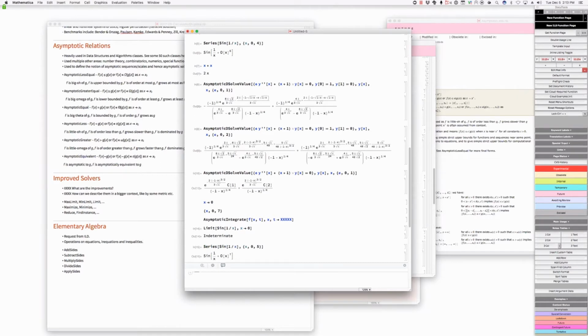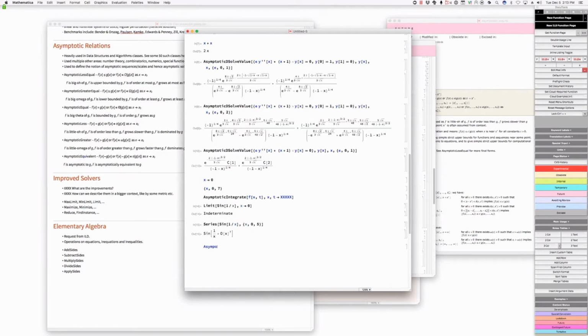Yeah, and I understand. What's the difference between asymptotic equal and asymptotic equivalent? Equal is when it's both big O and big omega, otherwise known as big theta. Okay, so what's an example of something which is asymptotically equal, but asymptotically equivalent is stronger than asymptotically equal, is that right? That's right.